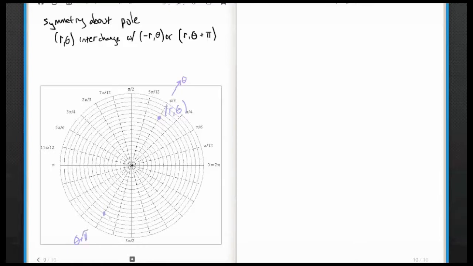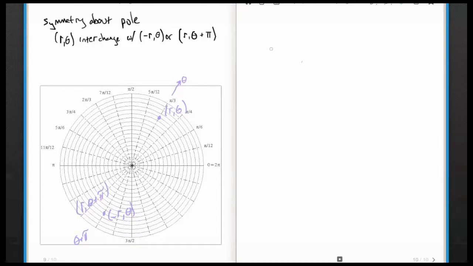So these are 2 ways to name the same point, negative r and theta, and this also works out to be r and theta plus pi at that same point. So that would give us symmetry about the pole.